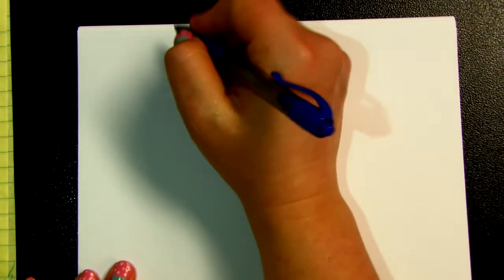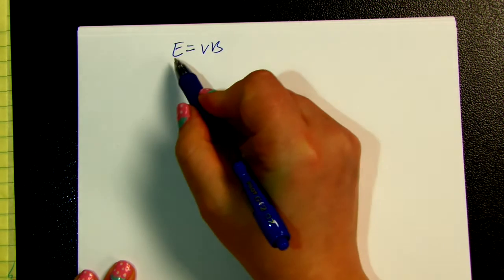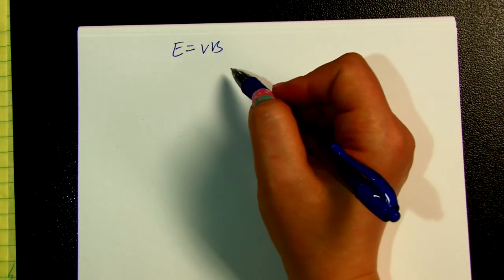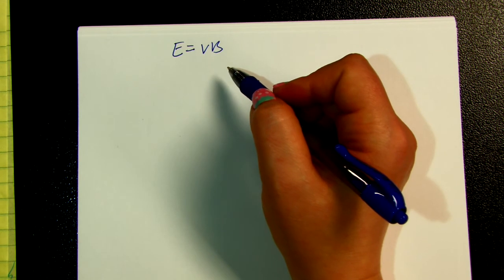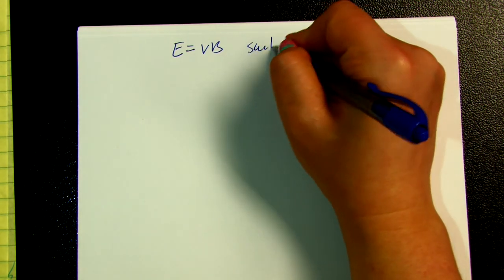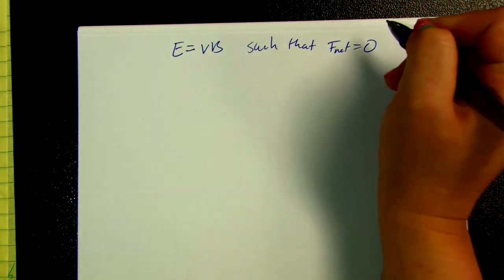All right. So building on this concept, let's think about if you were to make some changes. So we've started out with E being equal to VB, so we've got equal and opposite, such that F net is equal to 0.